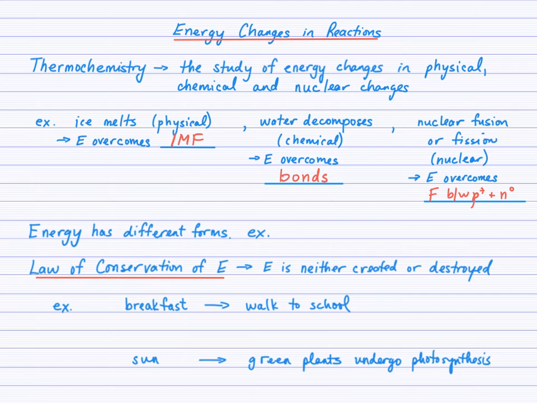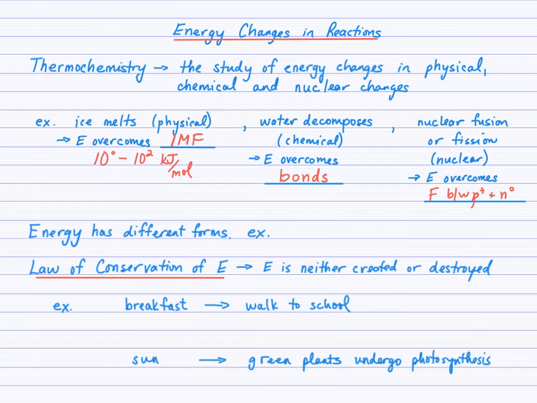And so we generally see the range of energy changes for physical changes fall in an order of 10 to the 0 to 10 to the 2 kilojoules per mole. So really from 1 to 100, somewhere in there.